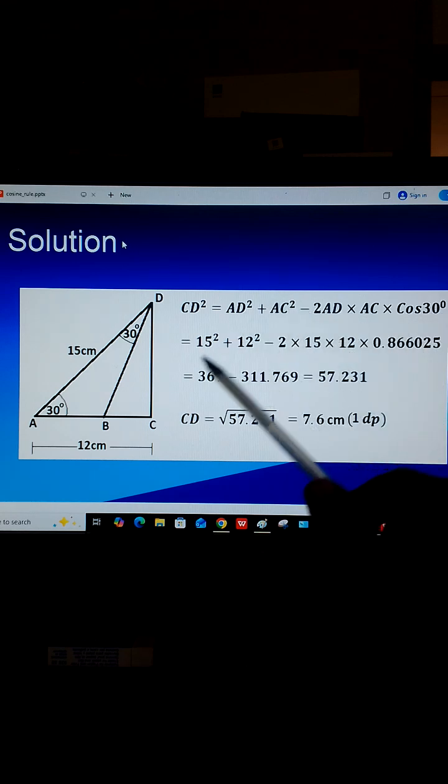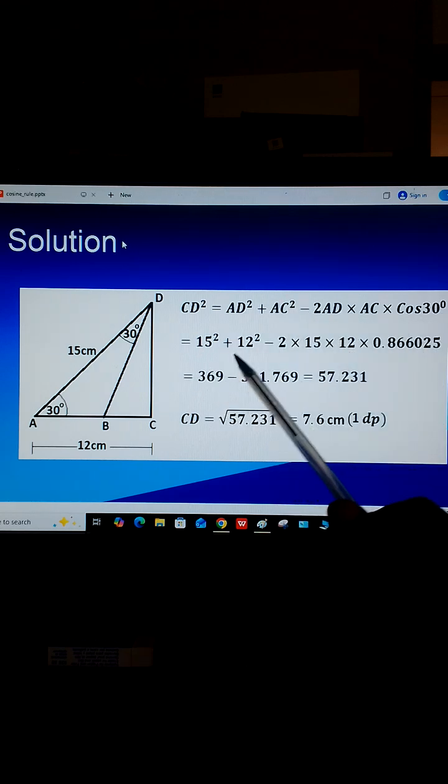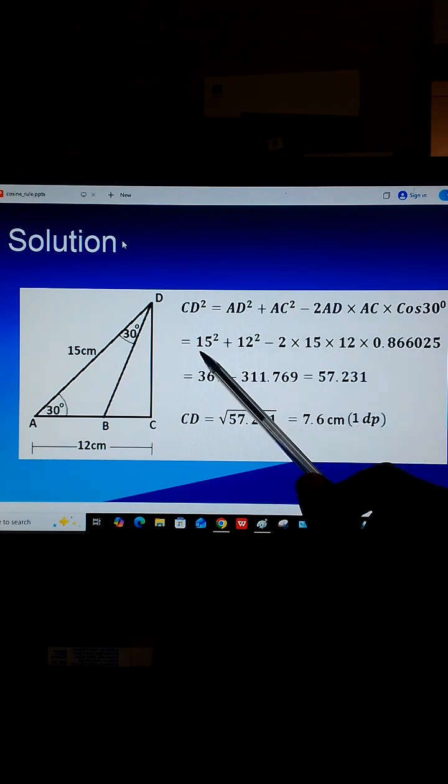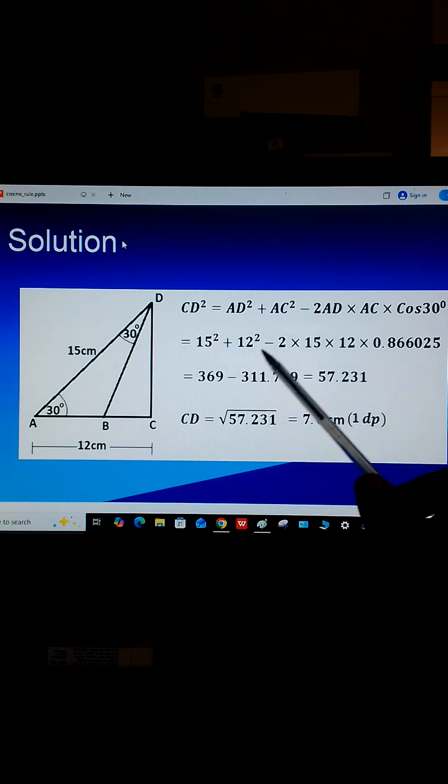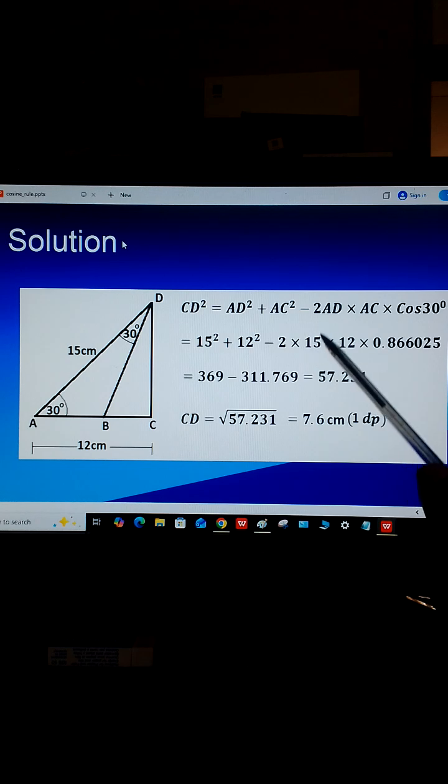So CD squared is equal to AD squared, which is 15 squared, plus AC squared, 12 squared, minus 2 times 15 times 12 times 0.866025.